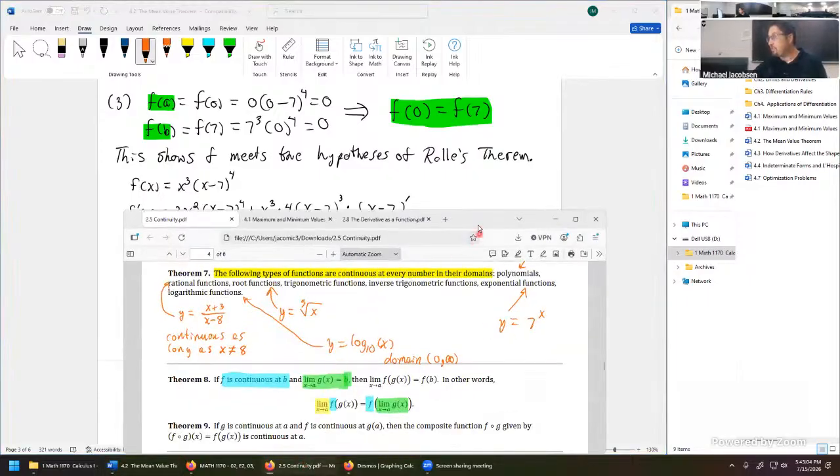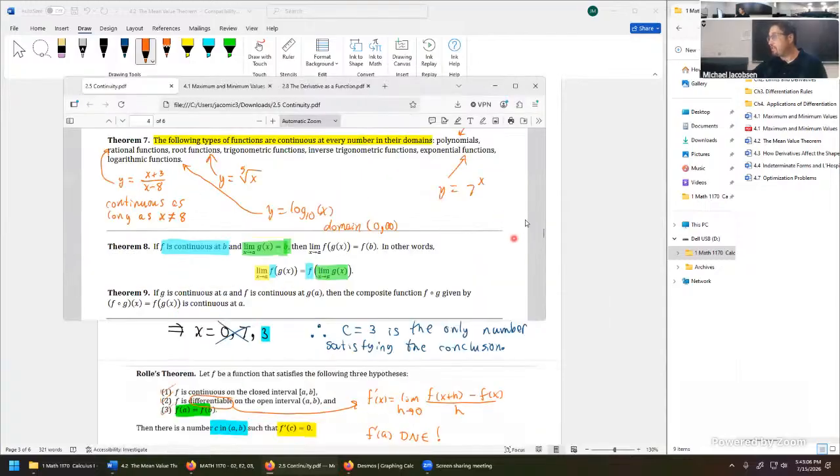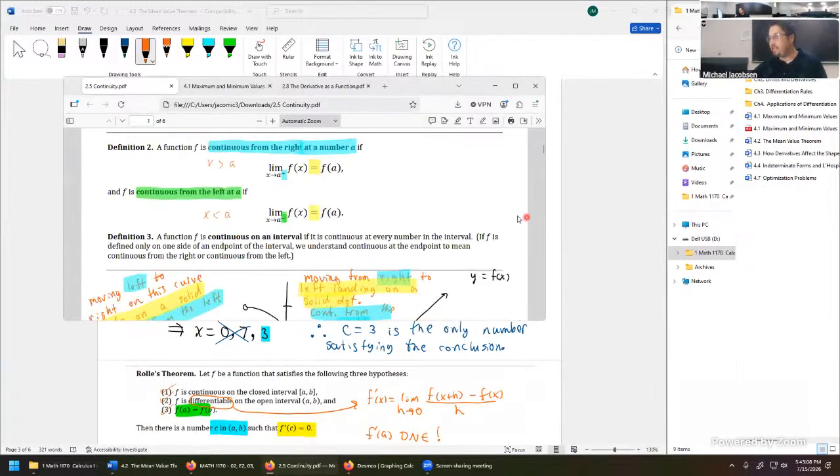This didn't come up in the continuity section, but there we defined continuity from the right and continuity from the left, so we could talk about continuous on an interval. It's continuous at every number in the interval, and at the endpoint a we mean continuous from the right specifically, and at the endpoint b we mean continuous from the left.